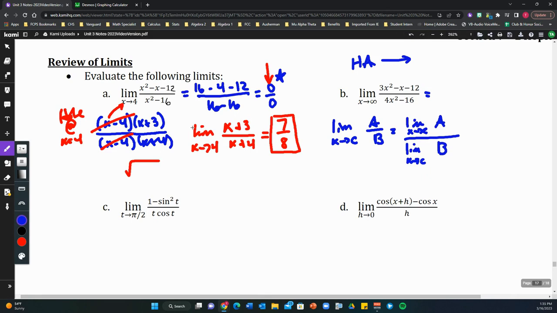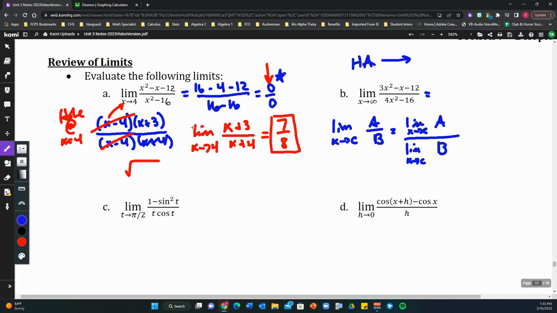Again, because of the fractions, that would be a no-no. But in this case, what we essentially could do is take the limit of the top and the bottom function independently. And that's a really big key for us in L'Hopital's process. So I wanted to hit on that property again, because it's been a little while.